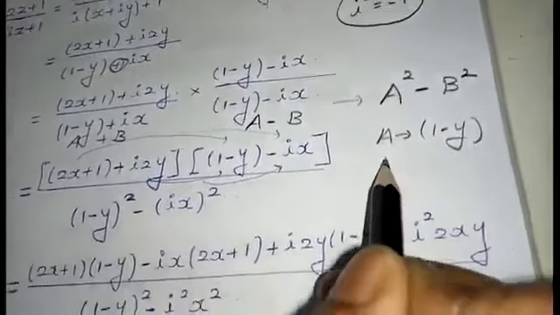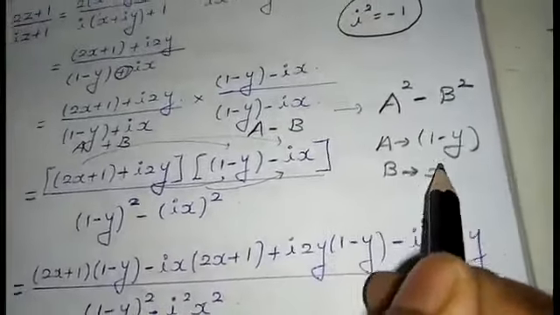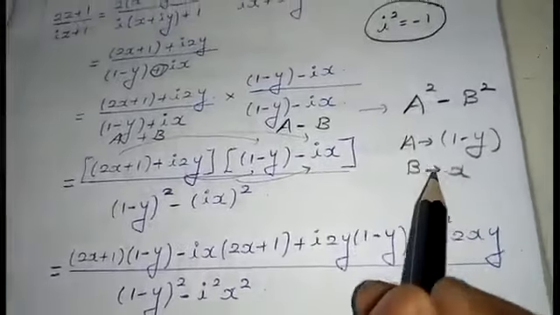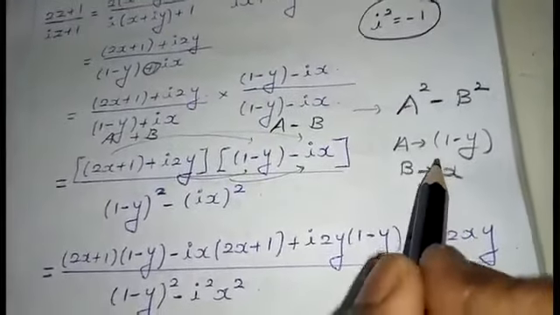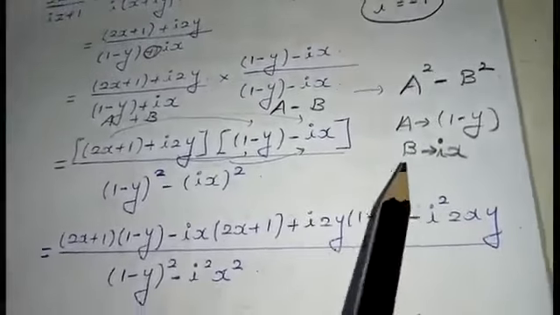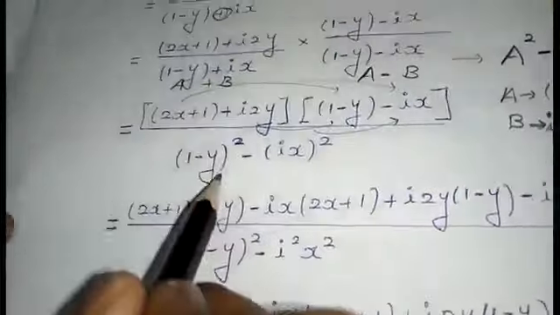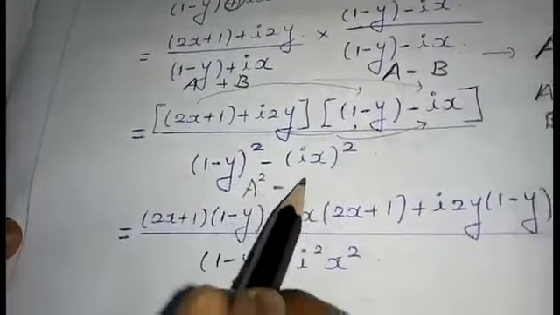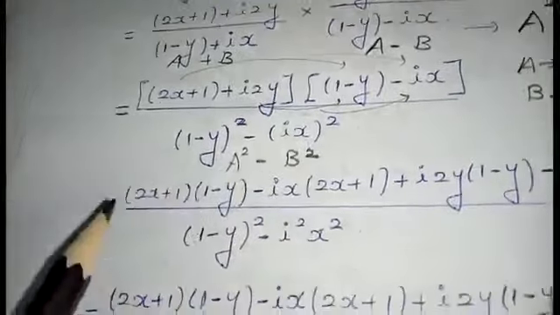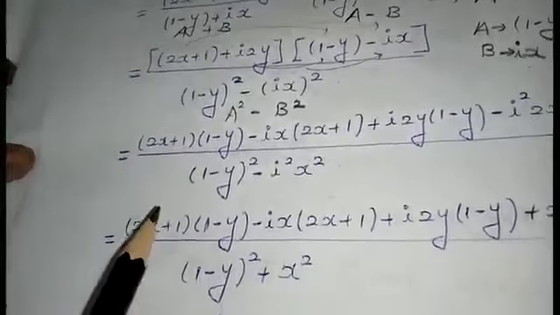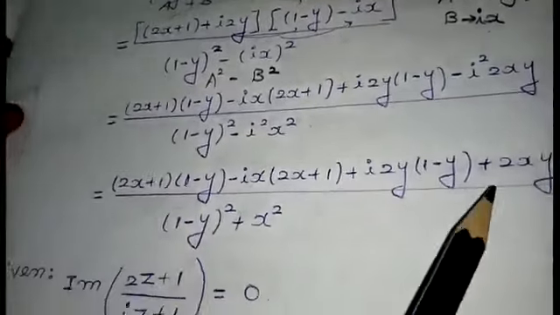In place of b, I am having ix. So be clear, in place of b, I am having ix. So I am writing like that: a square minus b square, students. Simplify the terms. Finally, you will be getting a big term like this.